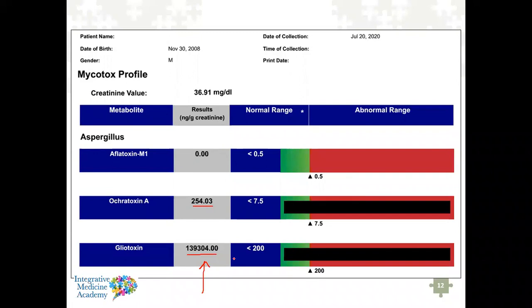Now, it turns out that this family lives in a 5-story apartment building. They're at the bottom floor, and they live in a country outside the United States, which I am always suspicious of as far as the quality of the building, plus the ventilation system, plus the water systems that many of these buildings are vulnerable to.